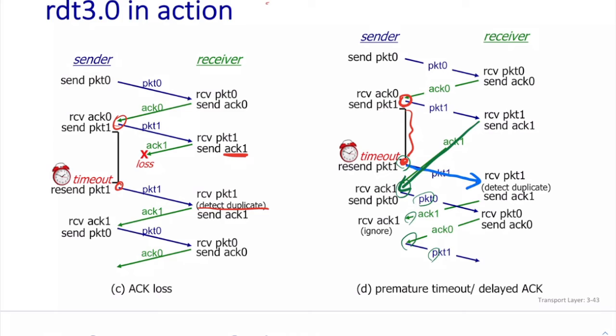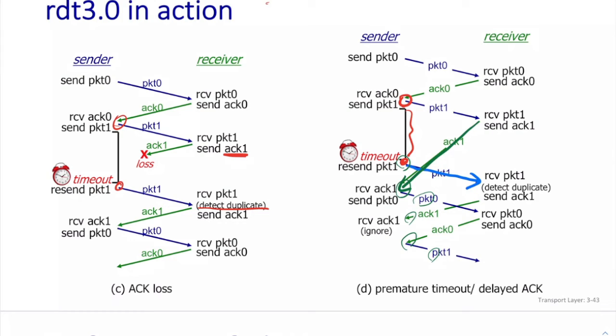So if you simply take a look at one side, the sender, when it receives ACK 0, then send packet 1. When it receives ACK 1, send packet 0. When it receives a duplicate ACK, simply ignore it. The rule is quite simple at the sender side.